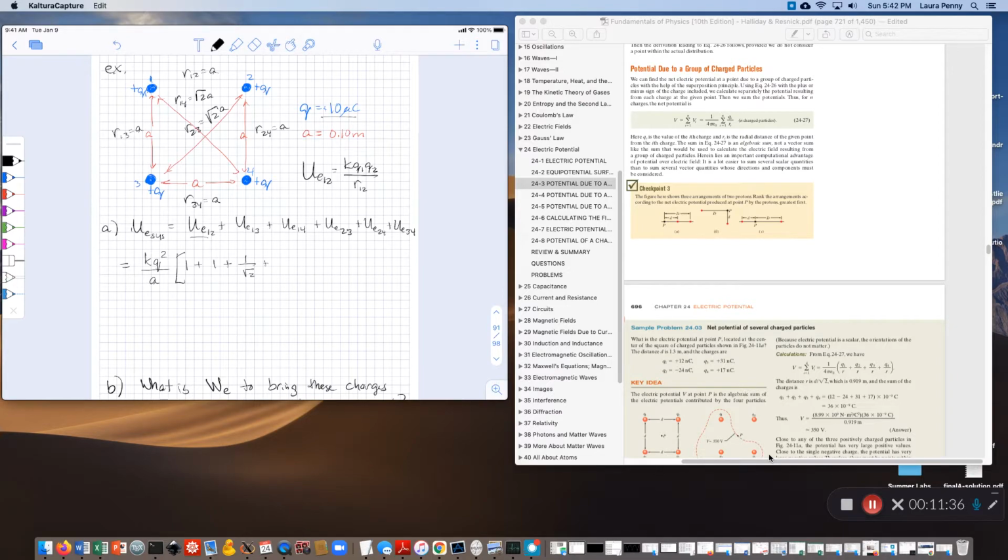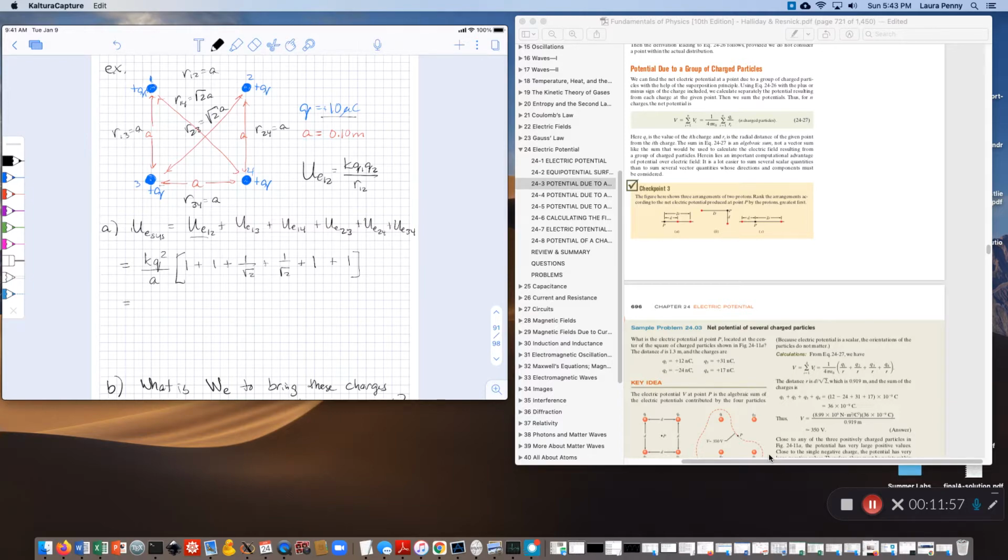When I get to 2 and 3, this is also separated by the square root of 2, so I've got a square root of 2 in the bottom. When I get to 2 and 4, this is also just a 1. And then when I get to 3 and 4, again, it's just a.